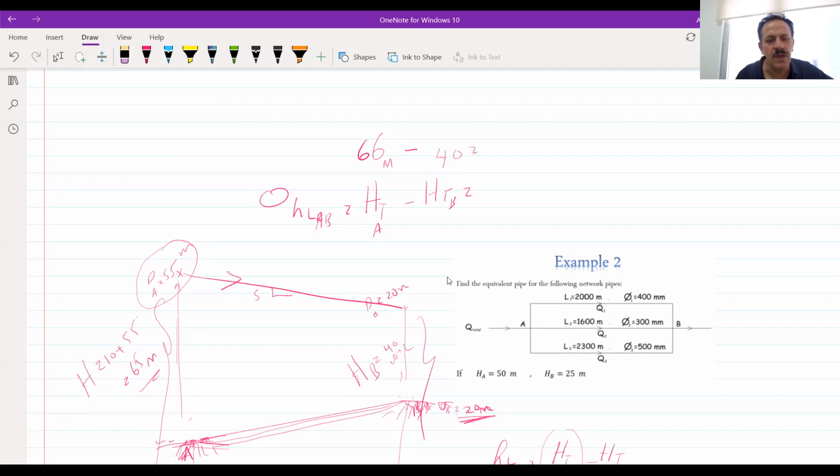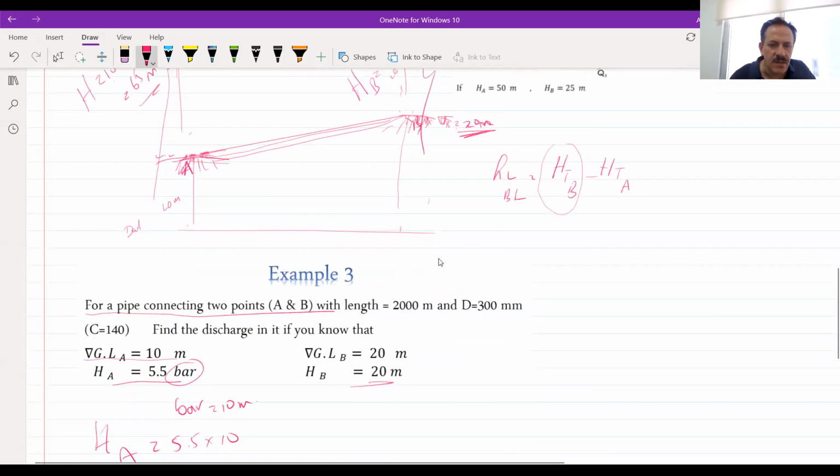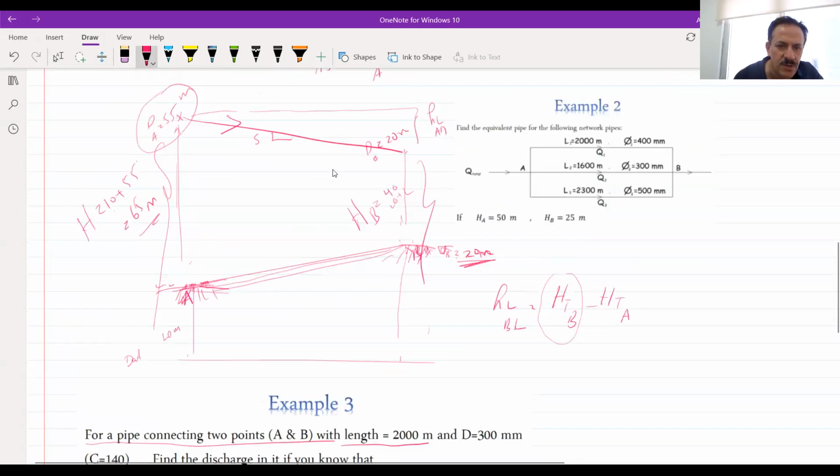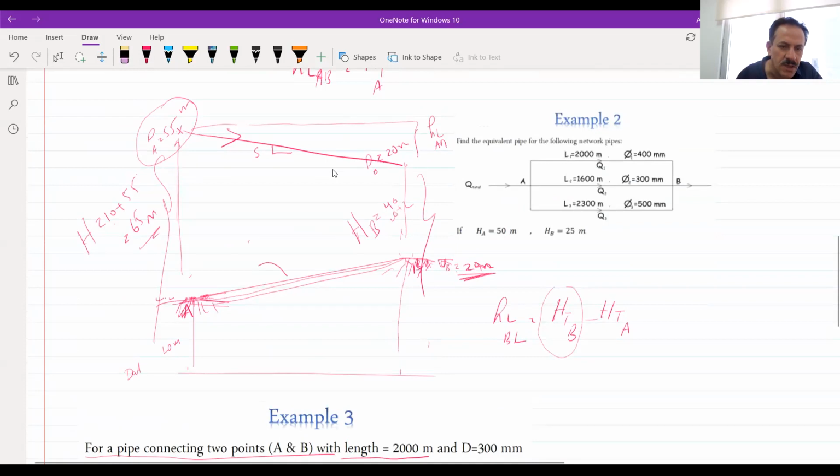So what will be the head loss from A to B? It's equal to 65 minus 40, it's 25 meters. This is the head loss, divided by the length. How much is the length from A to B? It's 2 kilometers, this pipe length is equal to 2,000 meters.